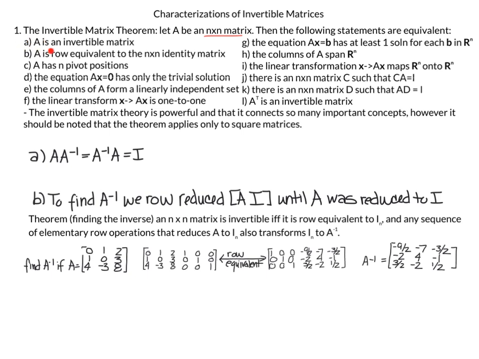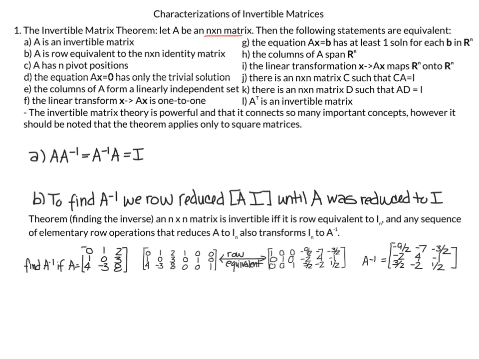We know that these two are equivalent because, in order to find the matrix inverse, we row reduced A next to I until A was reduced to the identity matrix. We have this theorem from a previous video that an n by n matrix is invertible if and only if it is row equivalent to I. So this is exactly the theorem that proves these two.